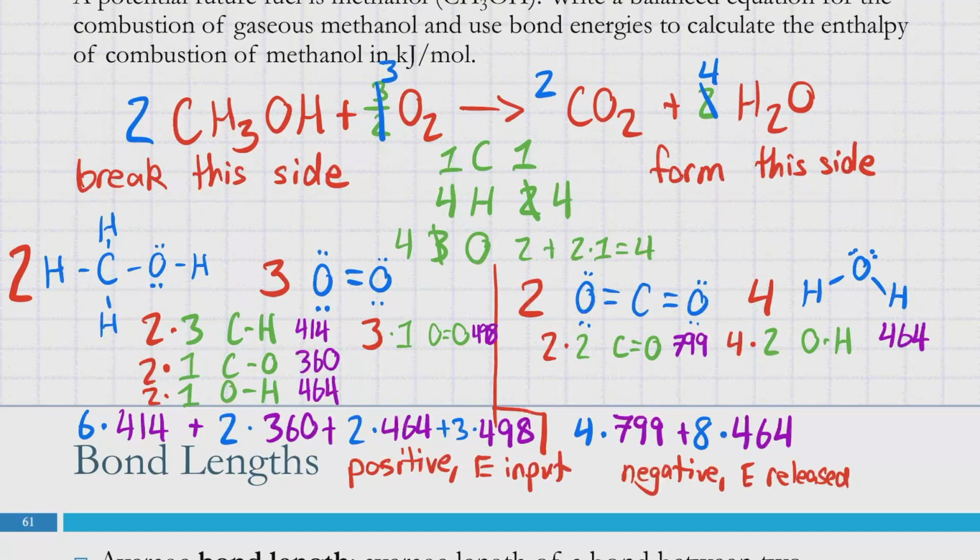And let me grab my calculator, plug this in real quick to get an answer. So the left side, 5,626 kilojoules per mole, plus the negative of the other side, 6,908 kilojoules per mole.